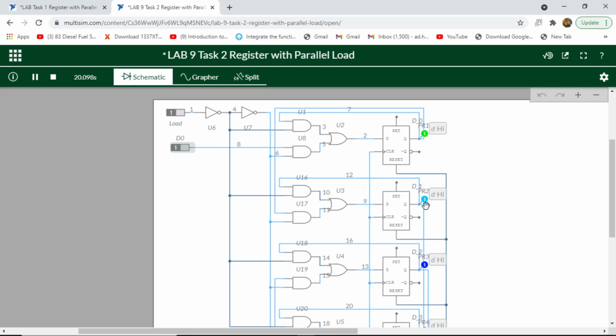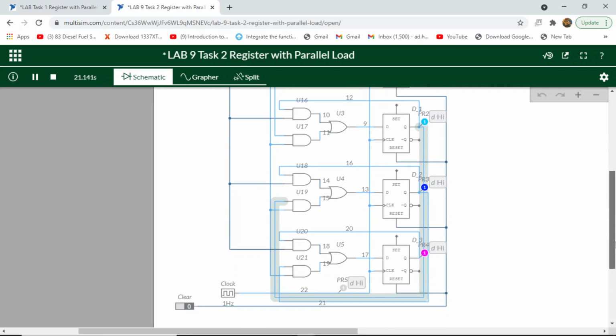The output of D1 becomes the input of D2. This AND operation is 1 and this is 0, the output is 1. The output of D2 becomes the input of D3. For D3 the AND operation is 1 and 0, it shows the output 1.